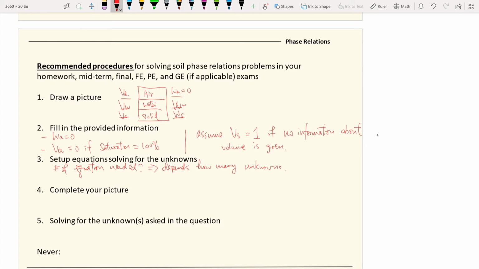So that's the maximum, five unknowns, because the volume of air, volume of water, volume of solid, the rate of water, and the rate of solid. There are five parameters that you need to find out.